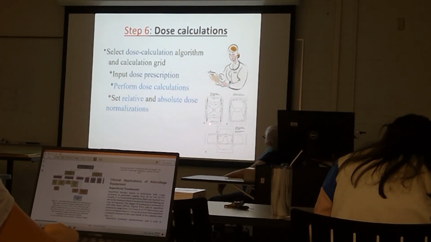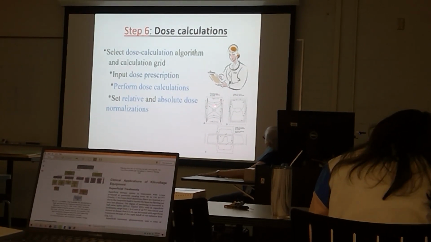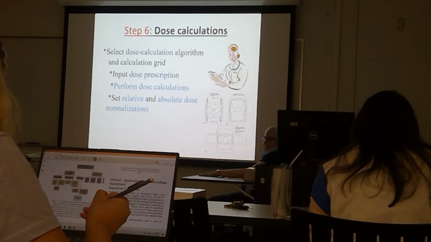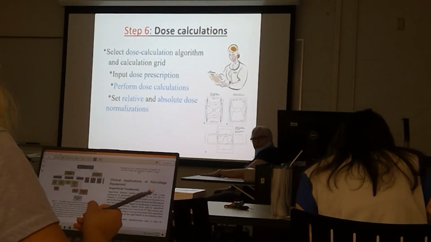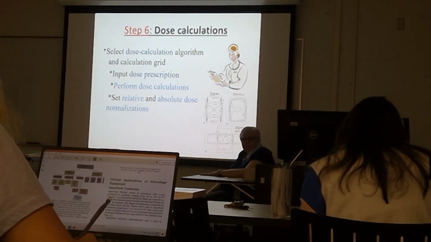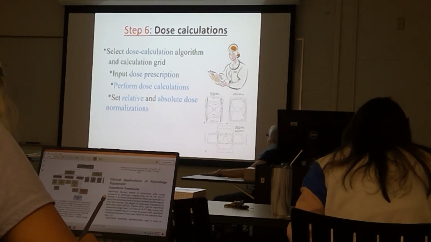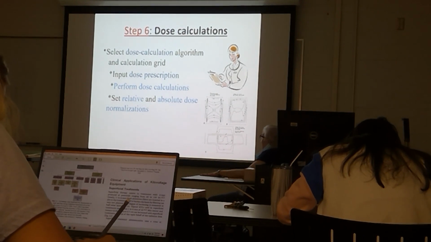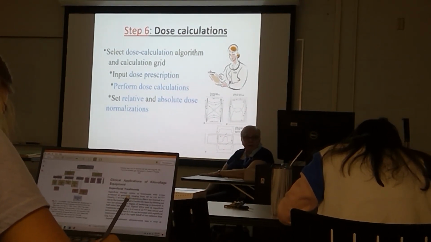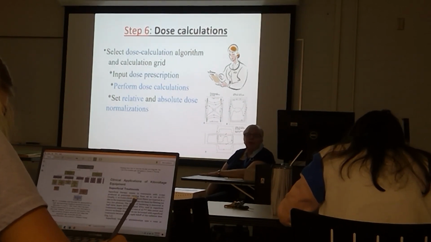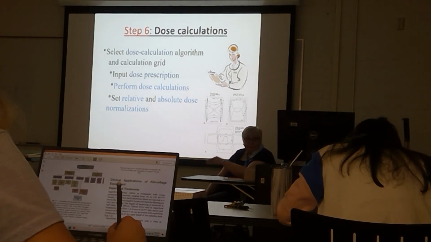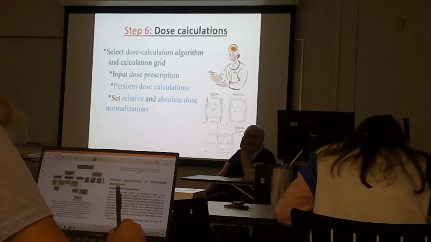Can anybody tell me what these are? I don't think you've come across those yet. These are isodose curves. If you have a spare minute and the symmetry doesn't look that busy, go in and ask them if you can look at some isodose curves. Maybe later on.